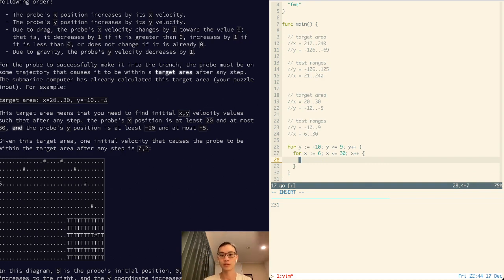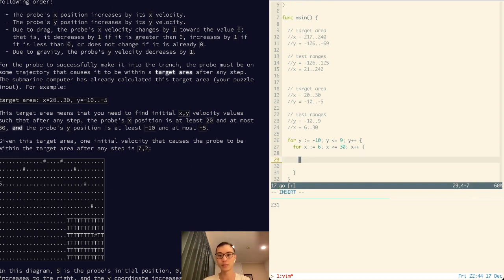We fire it, right? So while what? We have max x, if tx1, tx2 is going to be 20 and 30, ty1 and ty2 is going to be minus 10 and minus 5.